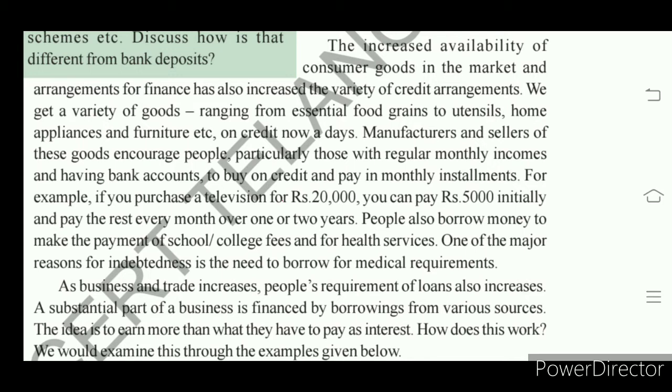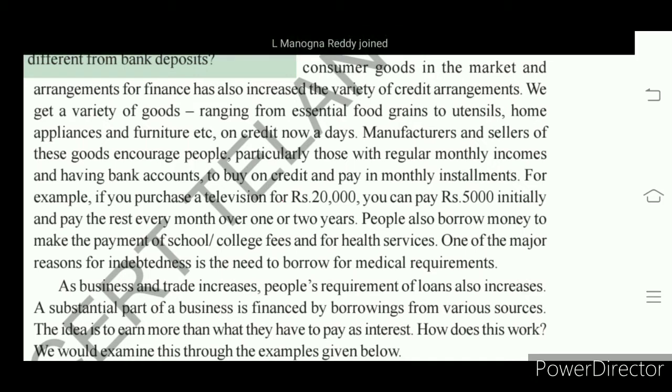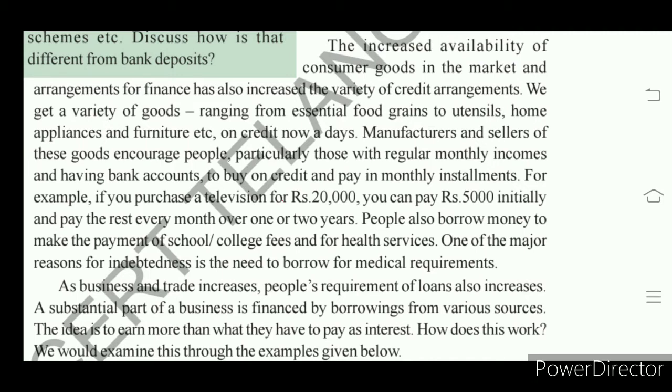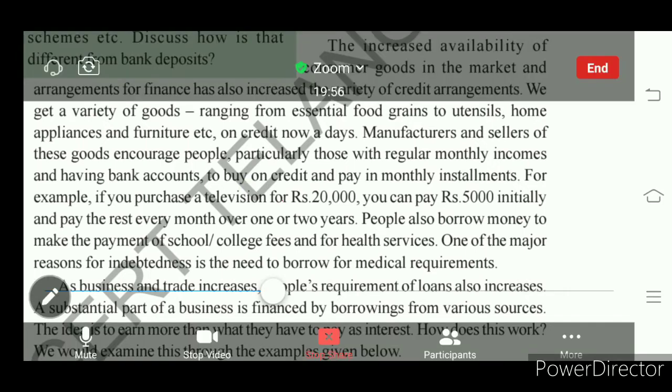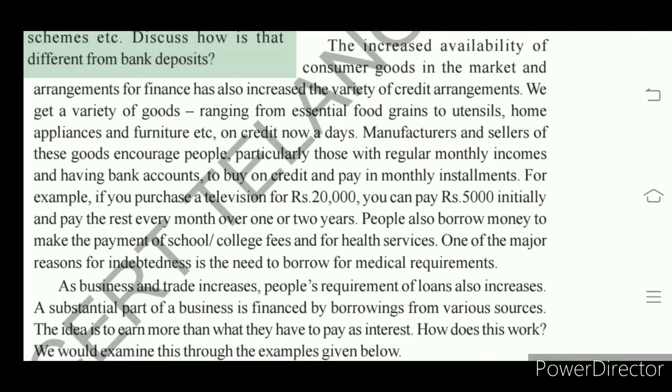The amount borrowed for medical requirements is very high. So many people in India are suffering with indebtedness. Indebtedness means they fall into the grip of debts. They suffer with the amount for which they have taken a loan. Okay, అప్పులో కూడుకుపోవడం అంటాం. So one of the major reasons for indebtedness is borrowing for medical requirements.